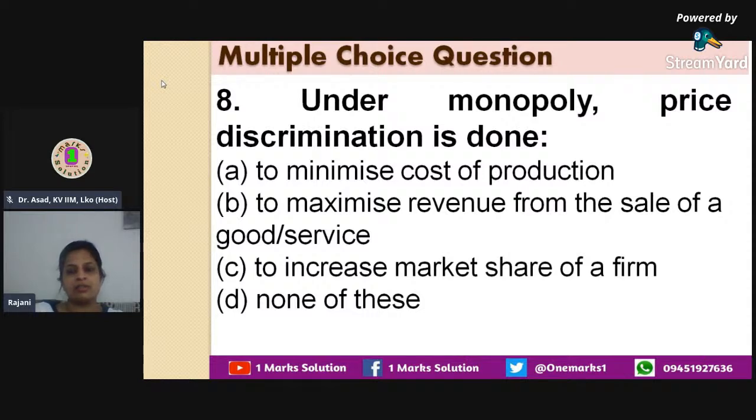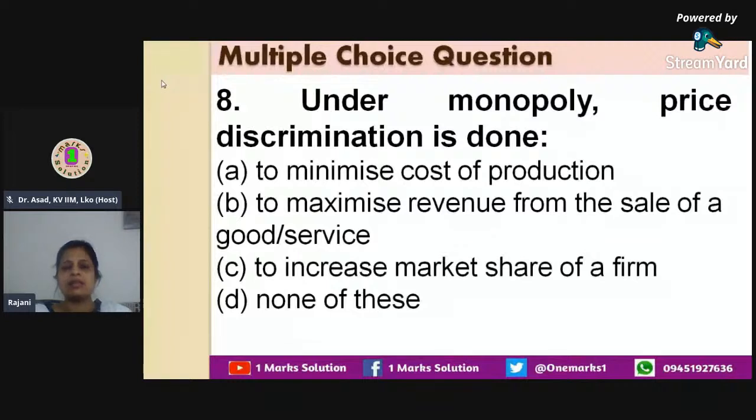The best example is the rationing system: ration cards are available, like APL cards and BPL cards. In the railway seating arrangement, the same service is given, but depending on the status, they charge different fares for the same service. That is the meaning of price discrimination: providing the same service or product at a different price, depending on the elasticity and the consumer status. So that is called price discrimination.